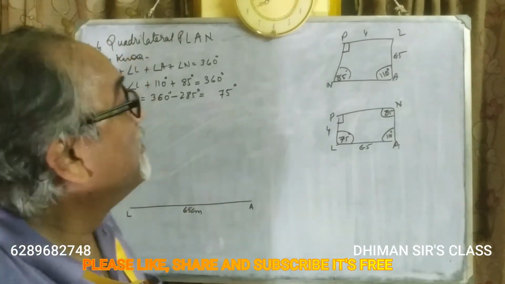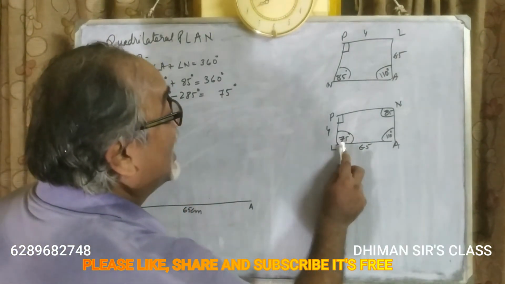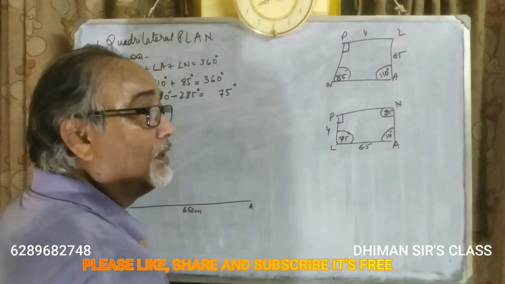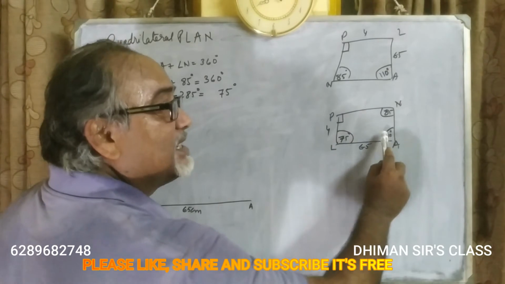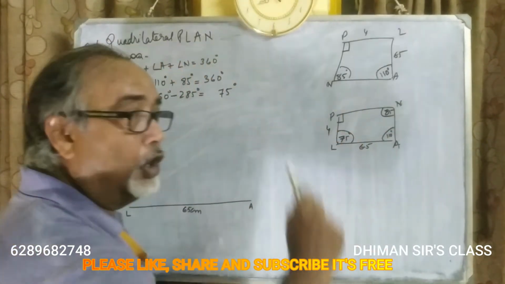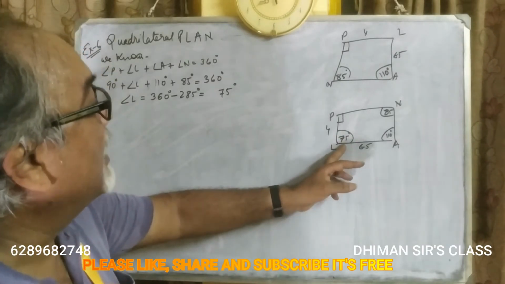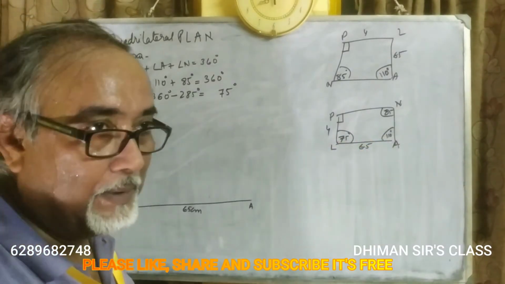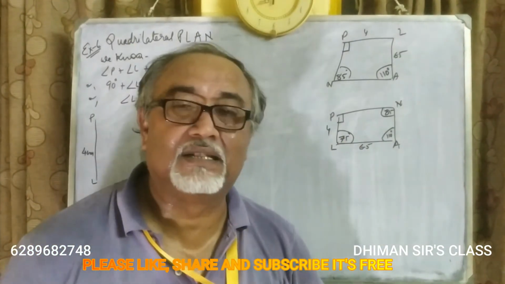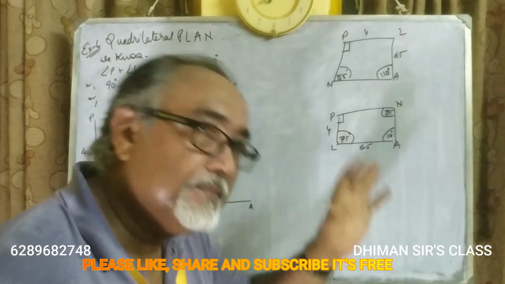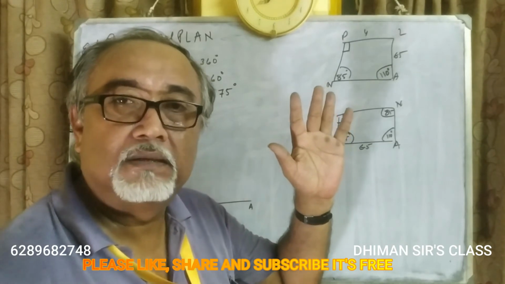Why? Because 75 is divisible by 3 as well as 5, but 110 is divisible by 5 but not by 3. Means this is divisible by 15, this is not divisible by 15. So all those angles which are divisible by 15 can be drawn with the help of pencil and compass.